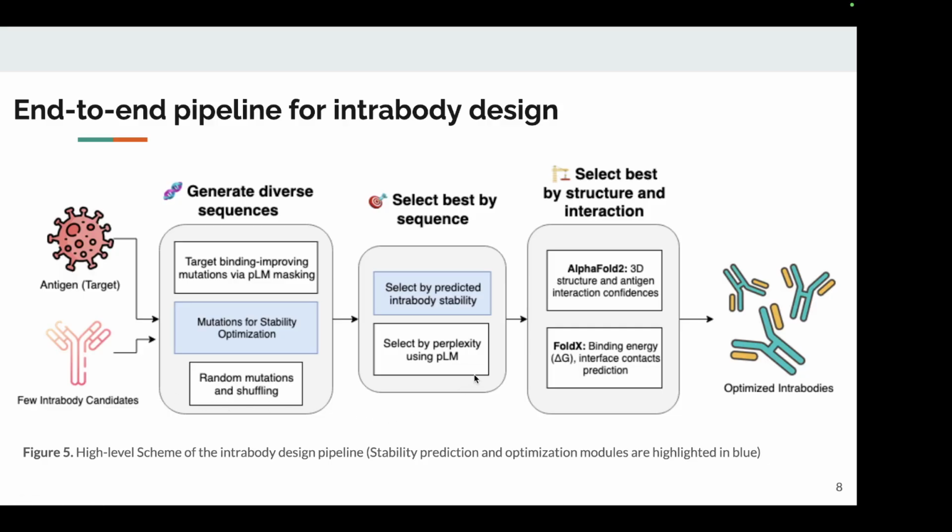Then we select them by sequence properties, and then we select them by structure and interaction properties. And in the end, we get a few optimized intrabodies that we can then test in the lab. So here, my pipeline focuses on the blue parts, on making stabilizing mutations, and on predicting stability of intrabodies.